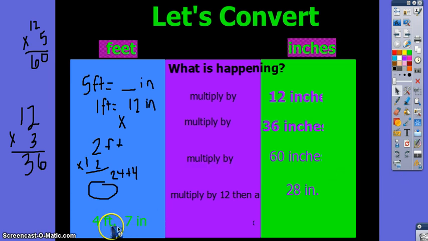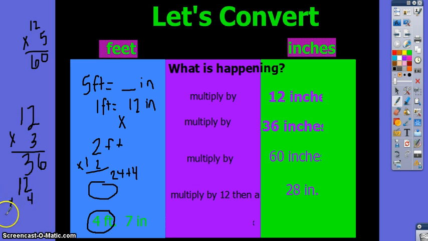Okay, let's look at this one. 4 feet, 7 inches. If we want to convert all of this to inches, the very first thing that I have to do is convert this part, 4 feet. So look at your chart. There are 12 inches in 1 foot. So if I have 4 feet, I'm going to multiply that by 12. So 12 times 4.